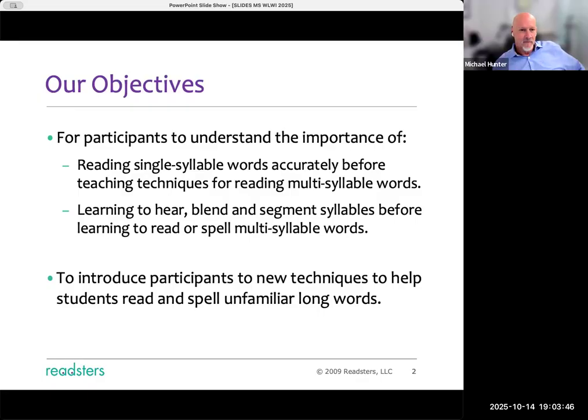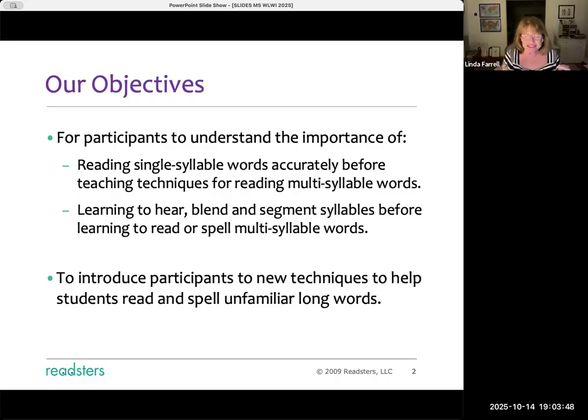So just to let you know what our objectives are, and this is really important: first, reading multisyllable words is not going to happen accurately unless the kids can read single-syllable words accurately. We're going to talk about syllable types, but we don't really teach syllable types for multisyllable words, though we are aware of them when we're choosing the words that we teach.